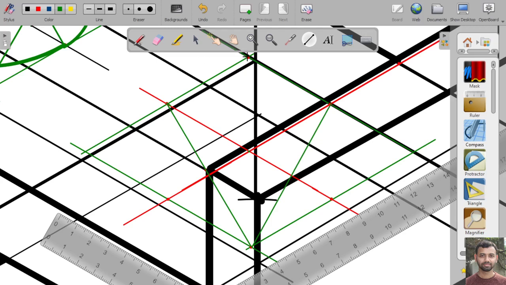Similarly, from the opposite corner, we will connect the midpoints. We will connect these midpoints. Okay. Again, we will need a compass.